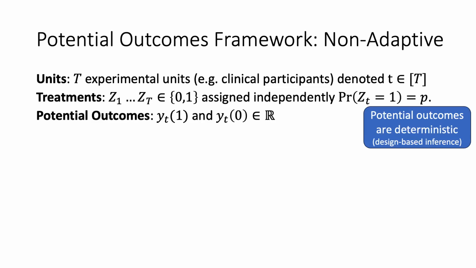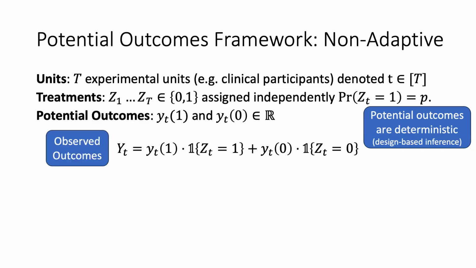So they're not random, they're not IID, they're deterministic things. And the only source of randomness is in the treatment assignment itself. So that serves randomization as the basis for all of my inference here, and that's referred to as design-based inference. Okay, so the outcomes that I observe, those are capital Yt. They're just, in math, what I had said beforehand.